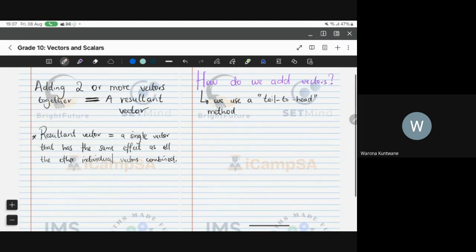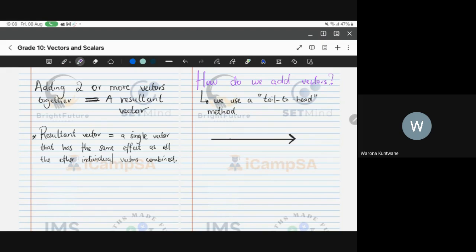If you have a vector, that's your vector. Remember, we said a vector can be represented by an arrow.